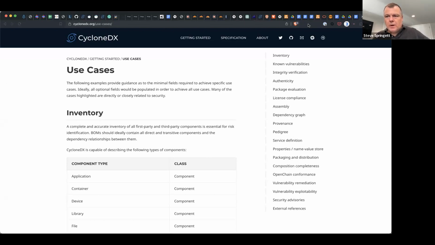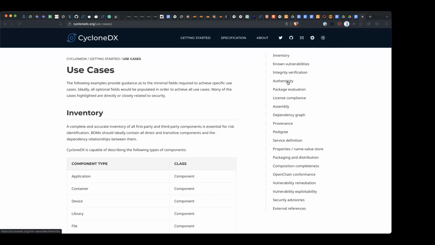Okay, let's move on. Integrity verification. Is this even applicable? I guess for implementations it would be, but for algorithms, I don't think so. I can't think of a use case for this, but I have a lot of use cases for AI that come to mind.